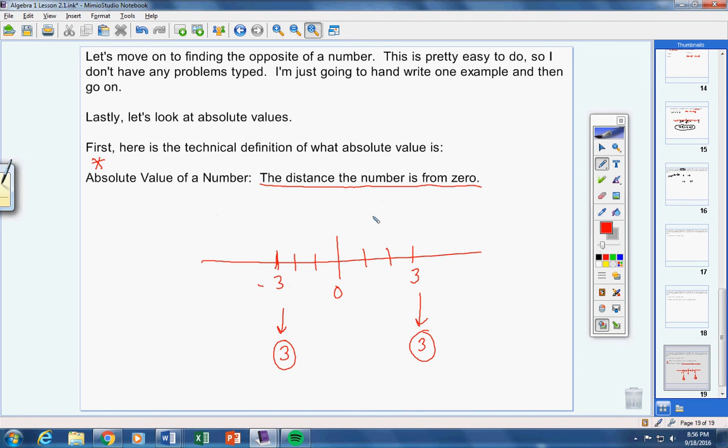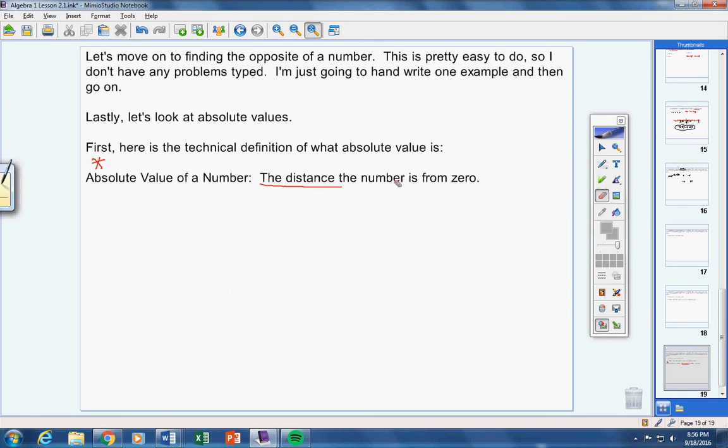Now, if you didn't understand everything that I just said, that's fine. I have no problem with that. I'm going to make this really simple for you, okay? Really simple. I should have typed this. I didn't, so write this down. When I ask you to find the absolute value of a number, make it positive or leave it positive.